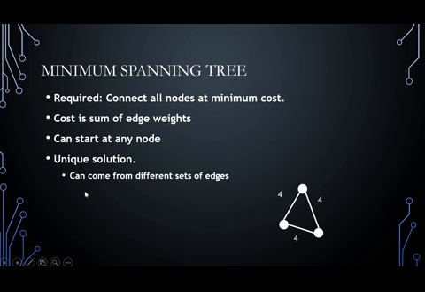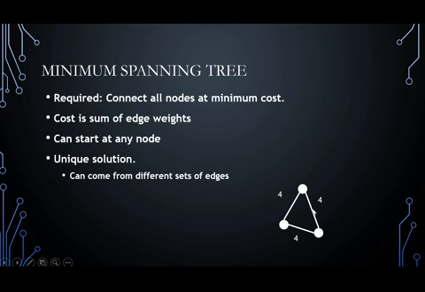When you don't get a unique solution, we will just have a look. Let me say I had these 3 edges of the same weight, 4, 4, 4. If I select the first edge and second edge, the weight of the spanning tree is 8. I take the second and the third edge, the weight is 8.